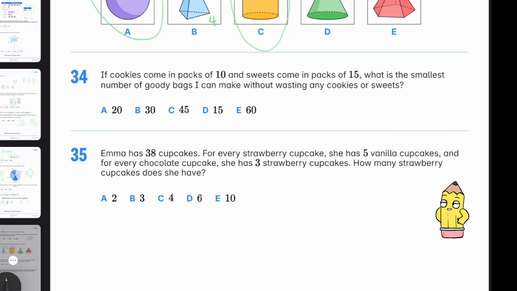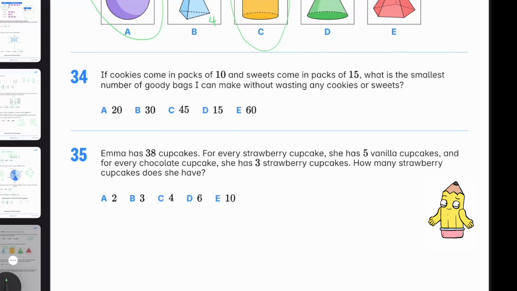So we need to find the lowest common multiple of 10 and 15. And this is because that will represent the lowest number that both 10 and 15 divide into exactly with no remainder. And so this will be the lowest number of goodie bags that can be made without wasting any of either, as long as every goodie bag has one cookie and one sweet.